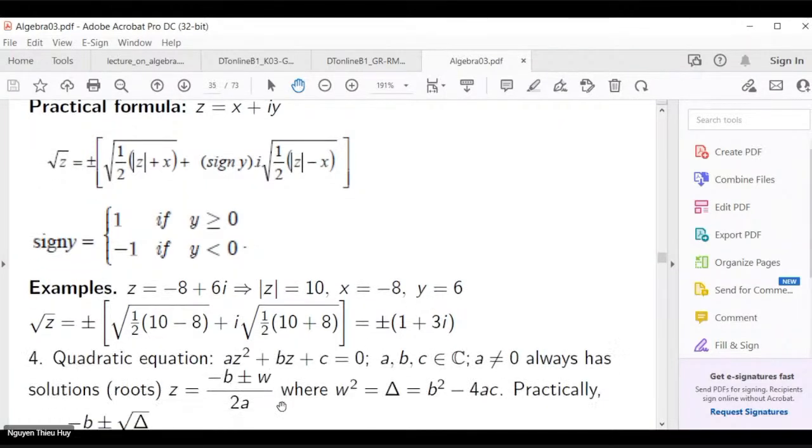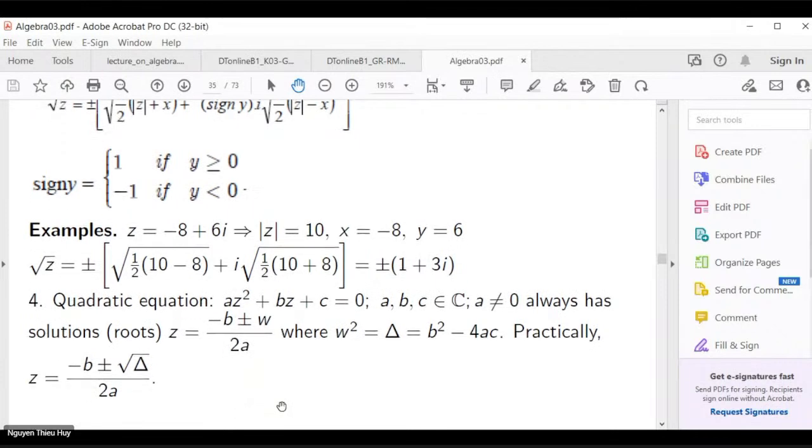Okay, then now we can return to the quadratic equation with coefficients in C. Actually, if you consider a quadratic equation in the set of real numbers and you consider the real solutions, the solutions of a quadratic equation are called the roots. Instead of saying solution, we say roots of the quadratic equation. So this is the tradition.